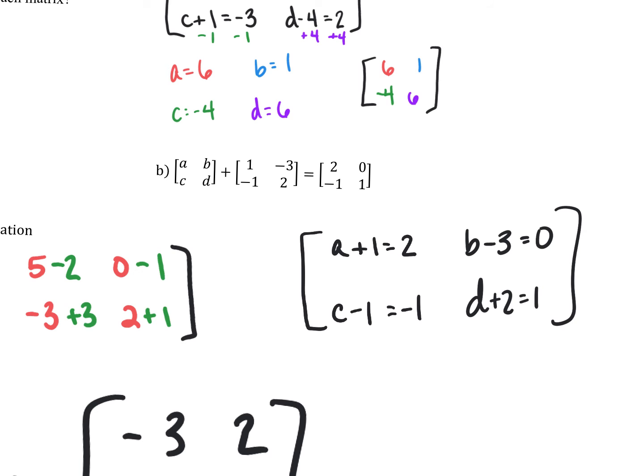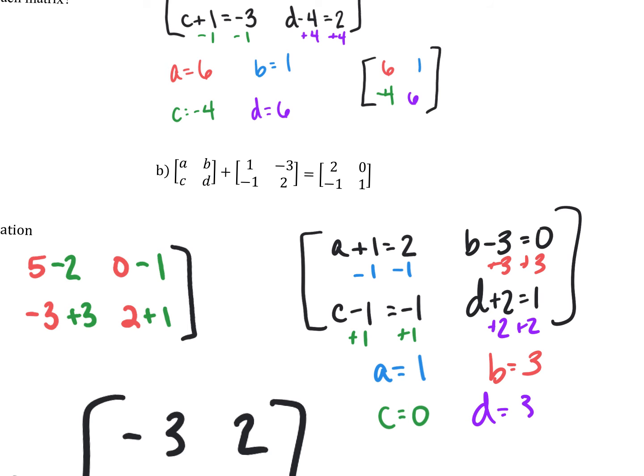So again, just solve equations. Minus 1 here, minus 1 here. Looks like A is equal to 1. Plus 3 here, plus 3 here. B is equal to 3. Plus 1 here, plus 1 here. C is equal to 0. And plus 2 here and plus 2 here. D is equal to 3.